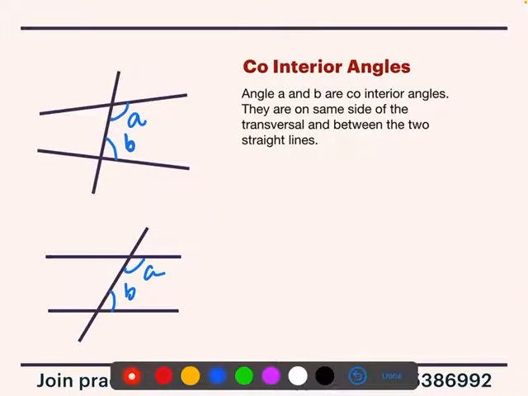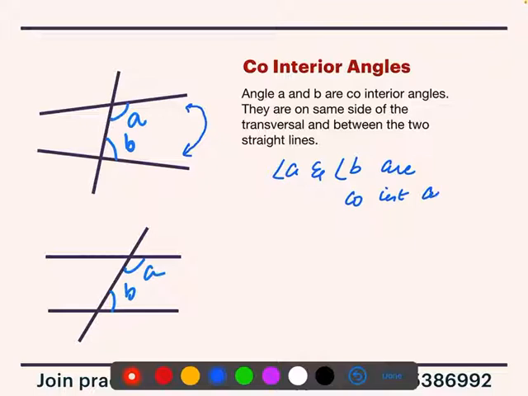The next thing that we are going to study is co-interior angles. What are co-interior angles? Angles on the same side of the transversal and in the same vicinity of the straight lines, that is, inside of the straight lines. So angle A and angle B are what?